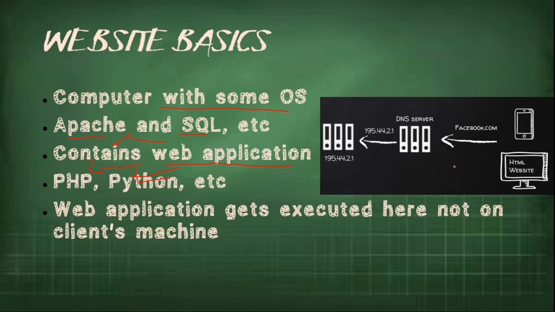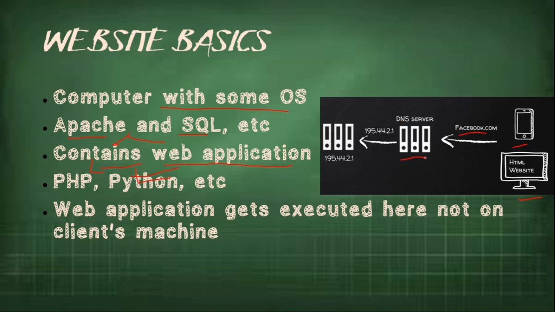Let's say you are on your phone or on your computer, and you want to go to facebook.com. So you type facebook.com into your URL box. This will be translated using a DNS server to an IP address.